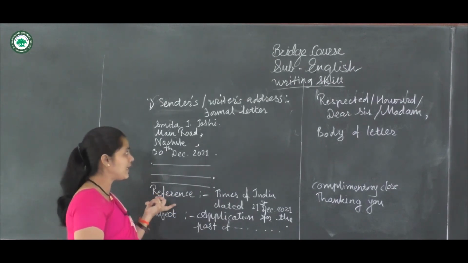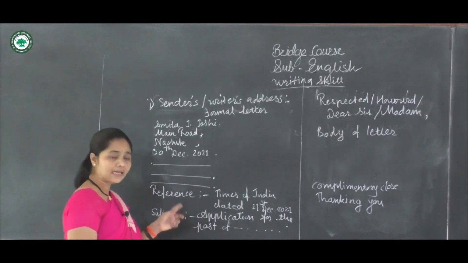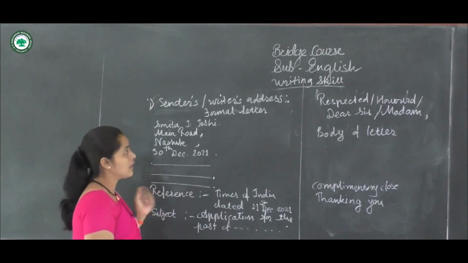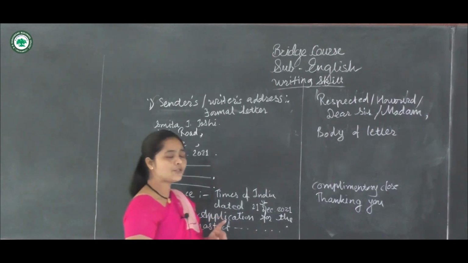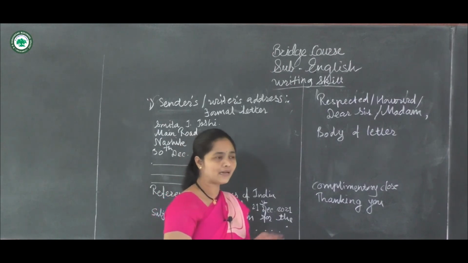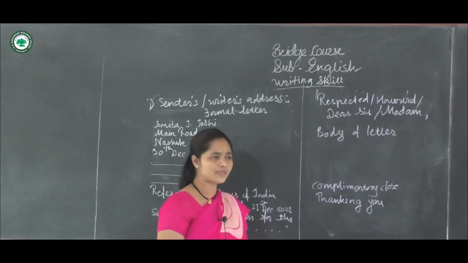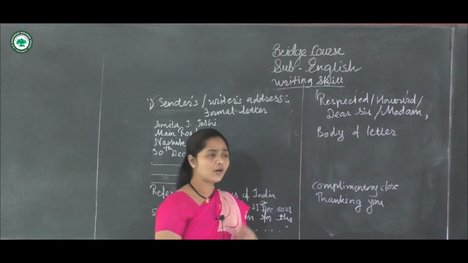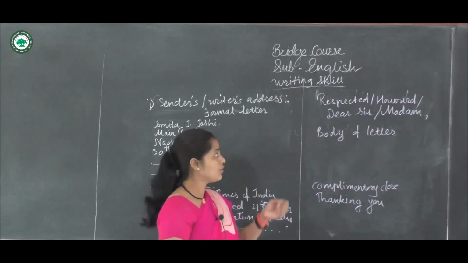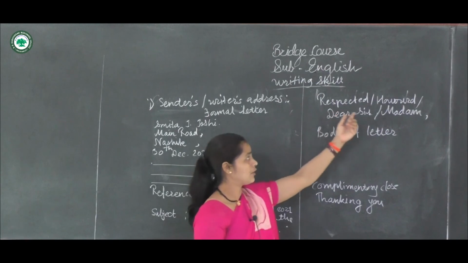Reference is only written in a job application. At that time you only write the subject. Remember this one. Now, for a job application or any semi-formal letter, letters to editor, letters to principal, teachers, the bank, or a book depot, at that time you have to use this salutation word.